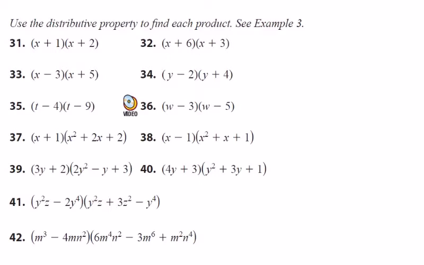We're basically using the distributive property, but we're going to distribute the y times each term here, and then multiply the negative 2 by each term here. The way that you may have heard to remember this is FOIL.